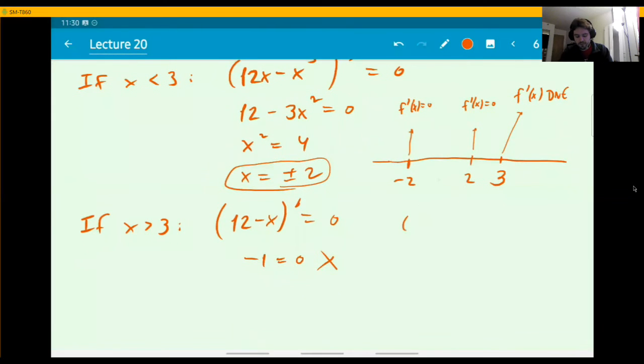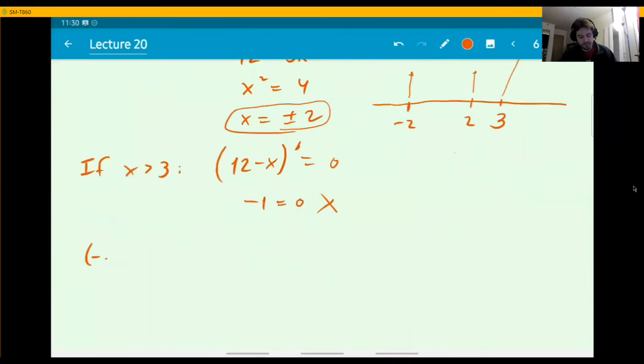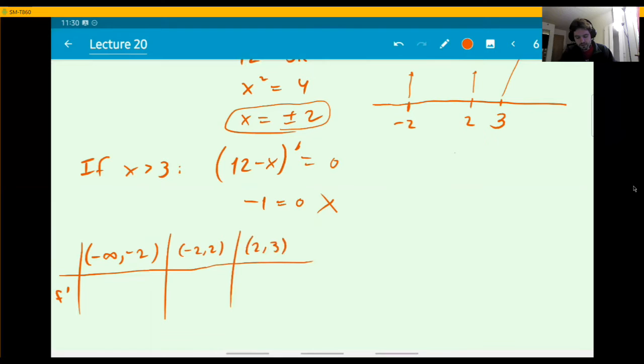Before -2, sorry, it's not going to fit here. Let me write it down here. Before -2, between -2 and 2, between 2 and 3, and after 3. What is the sign of f prime?